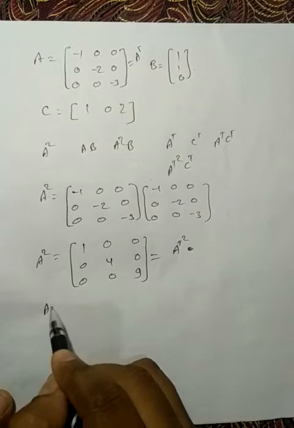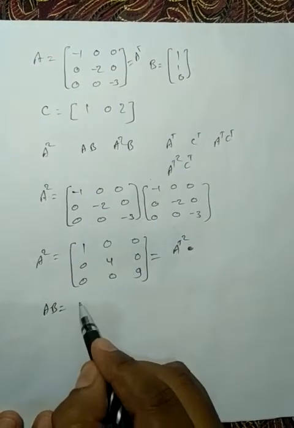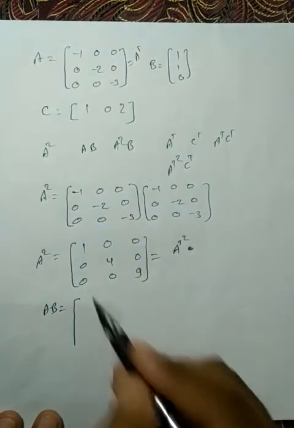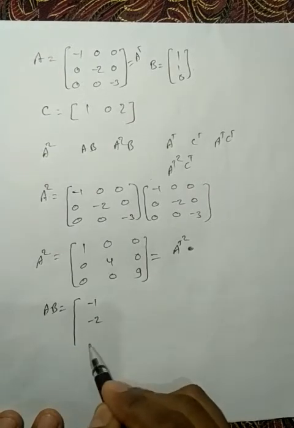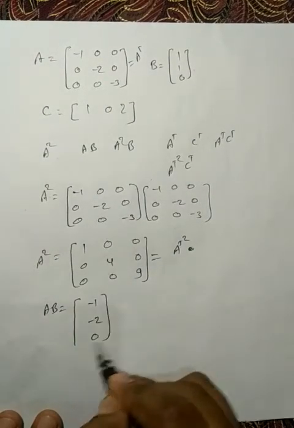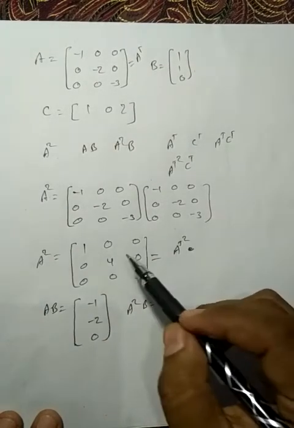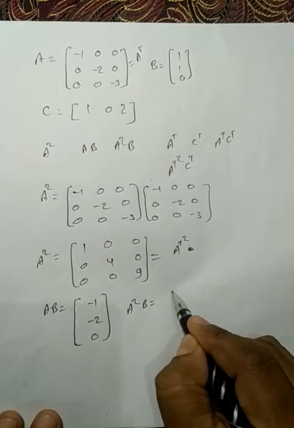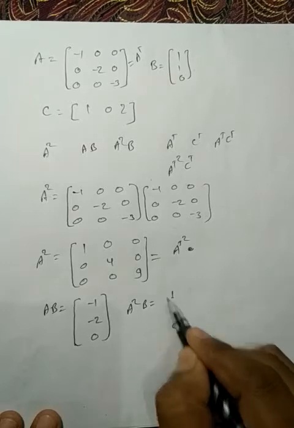AB will be -1, then -2, then 0. A square B will be 1 4 0.